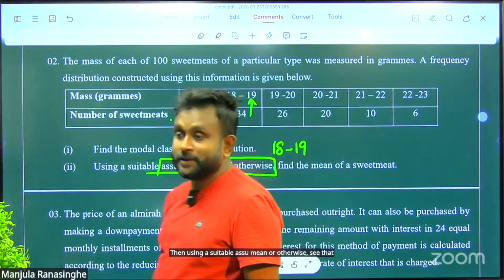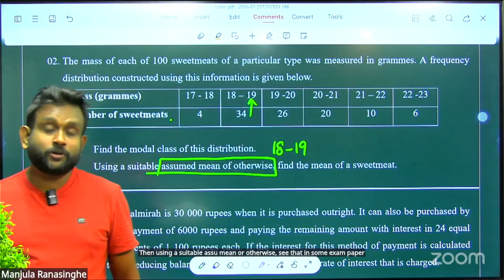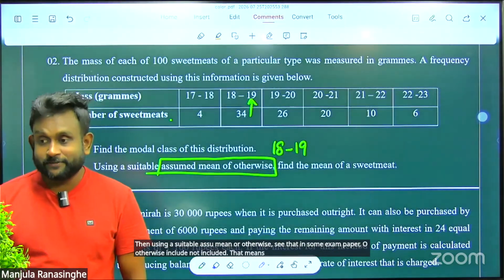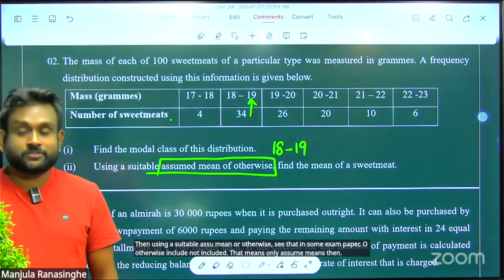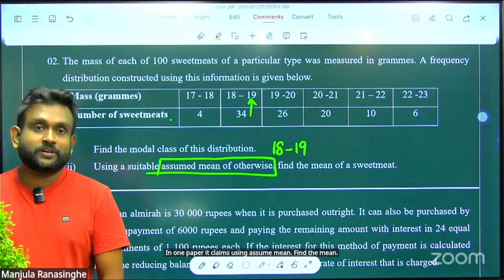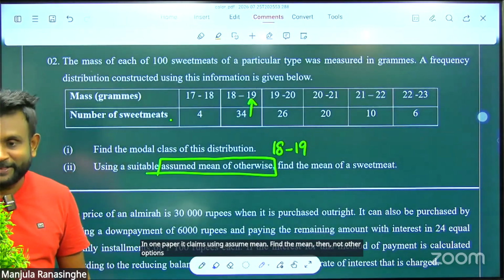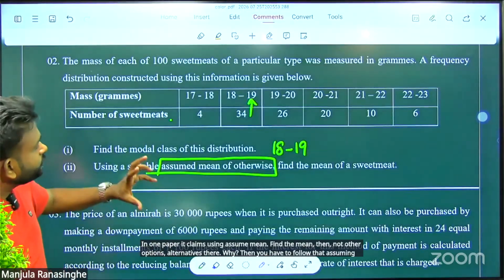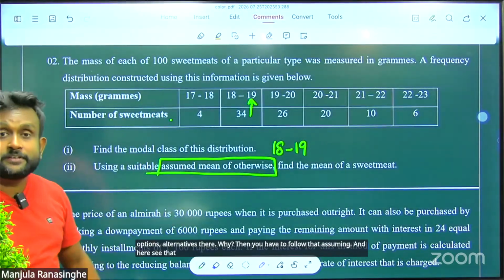Then, using a suitable assumed mean or otherwise. In some exam papers, 'or otherwise' is not included, which means only the assumed mean. In one paper it came: using the assumed mean, find the mean, with no other alternatives. Then you have to follow the assumed mean. And here see which method is easy.